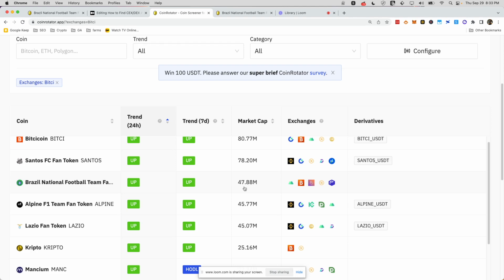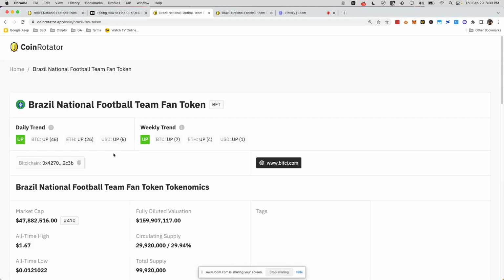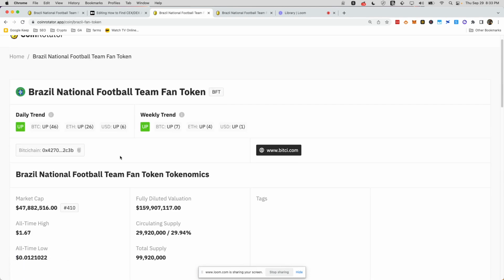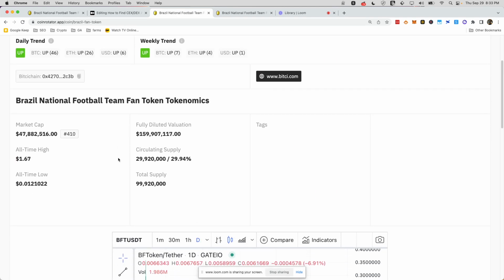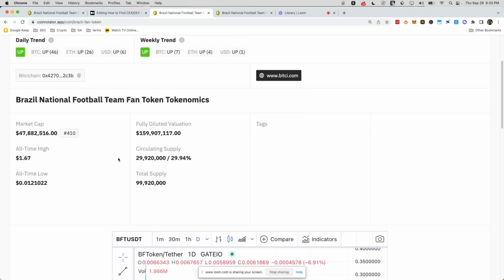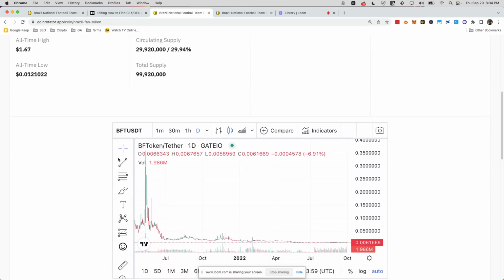This coin has been in an uptrend for quite a while, heading into the World Cup. Seems like it's probably going to remain relatively strong, and I'll be looking to purchase a few BFTs, Brazil national football team fan tokens, and see what we get.